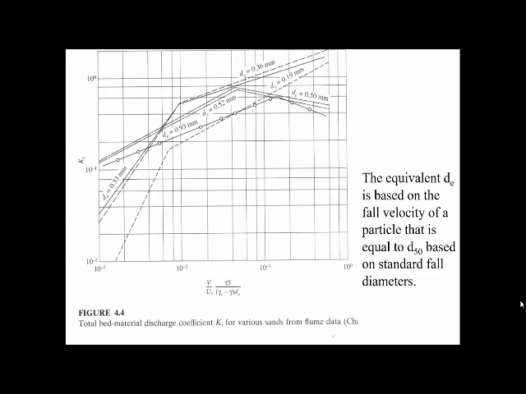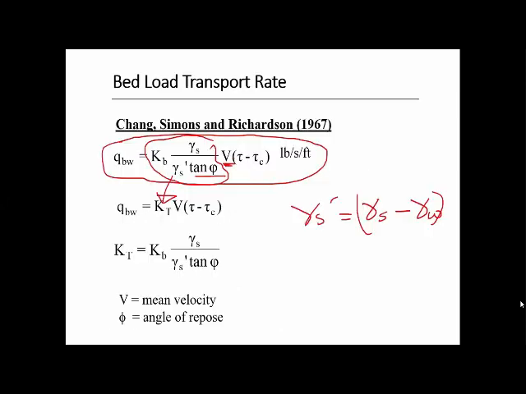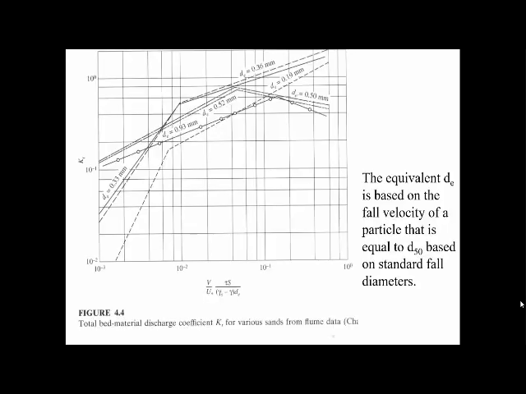To get the KT value in this equation, you can use the Chang, Simons and Richardson graph, where the x-axis is the parameters related to your shear velocity and shear stress.